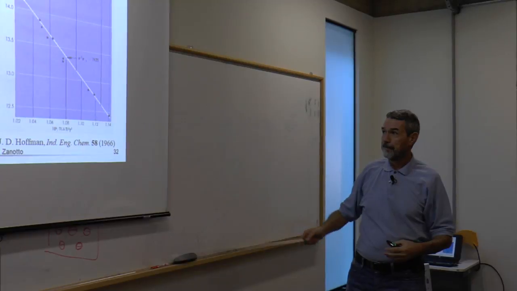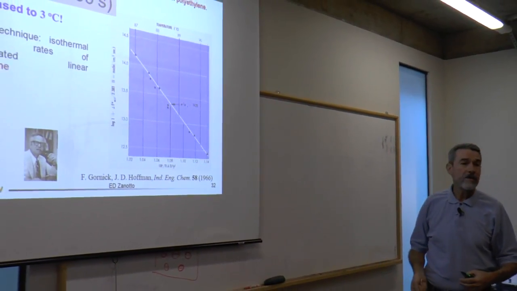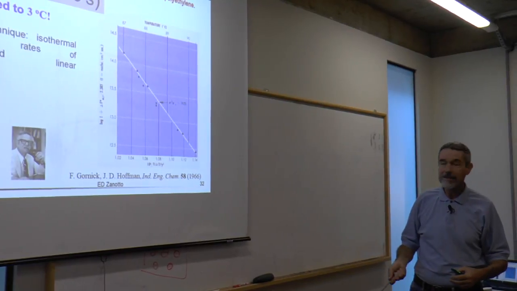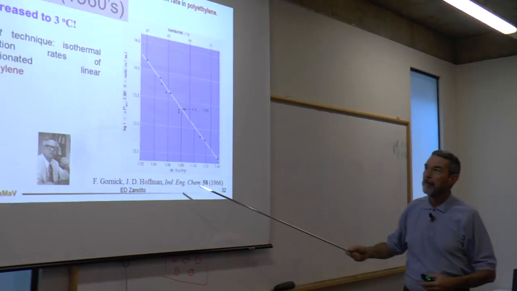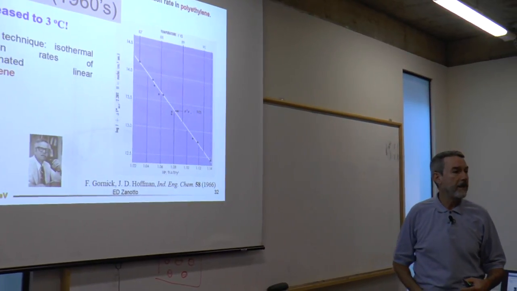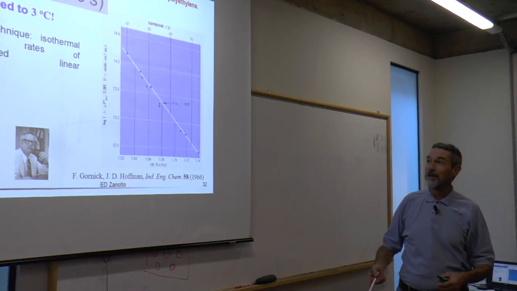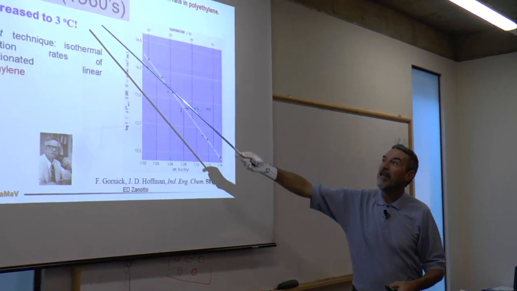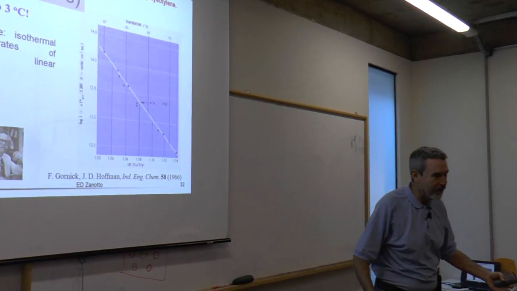10 years later, Dr. Hoffman of the National Bureau of Standards, now NIST, was able to measure nucleation rates in polyethylene polymer. And that was much better. 3 degrees Celsius. Well, that's 50% better than 2 degrees Celsius.